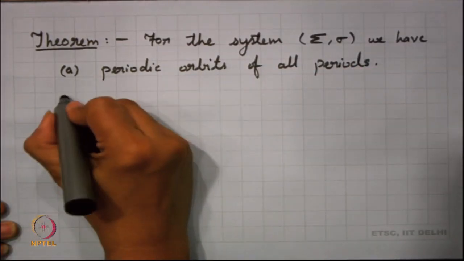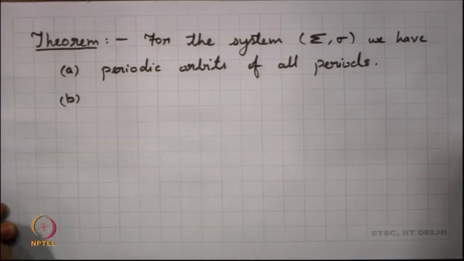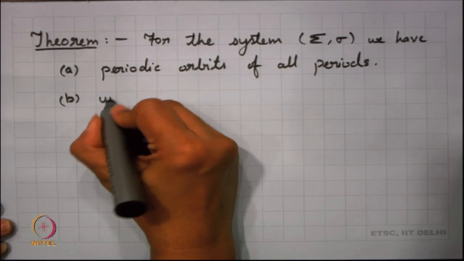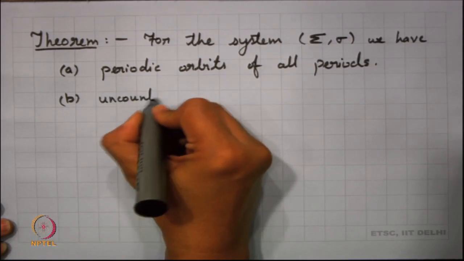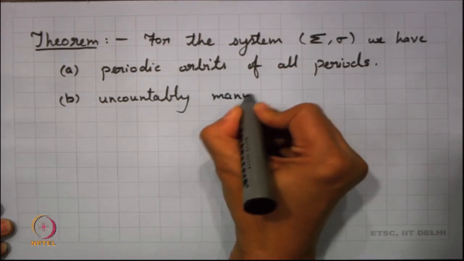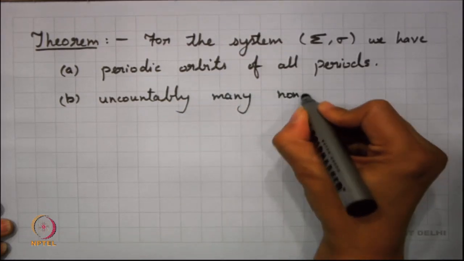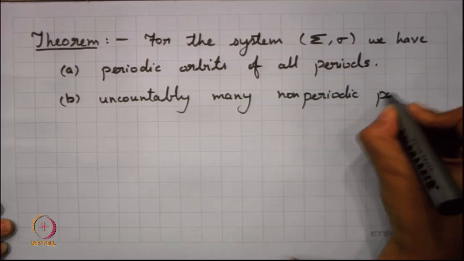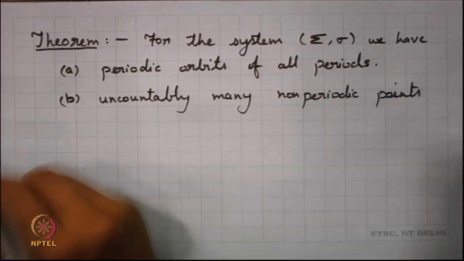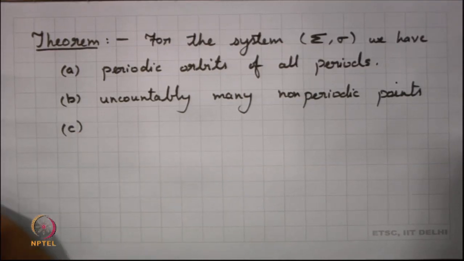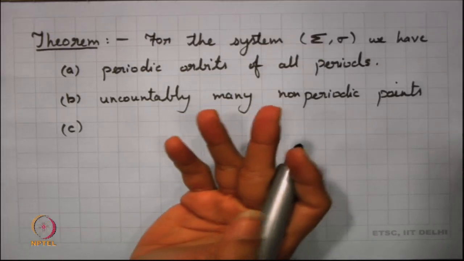The next thing we have observed is that we have uncountably many non-periodic points, and the third is we have infinitely many points with dense orbit.